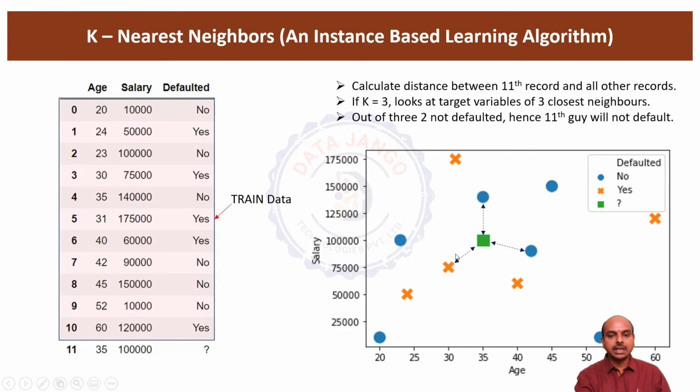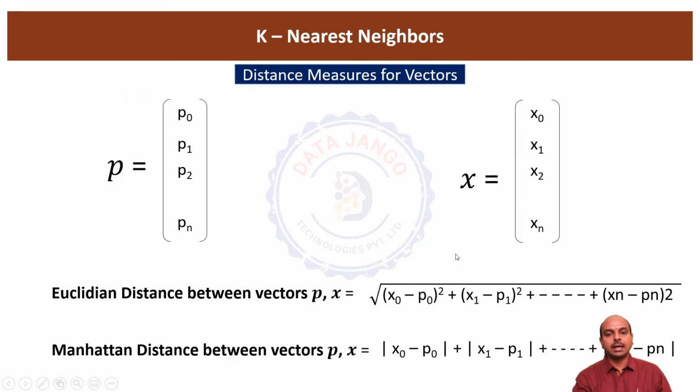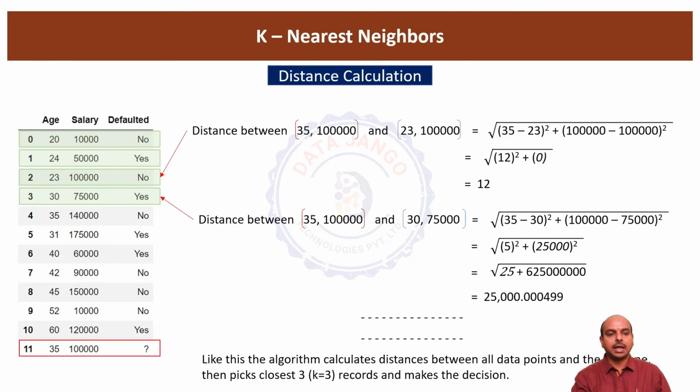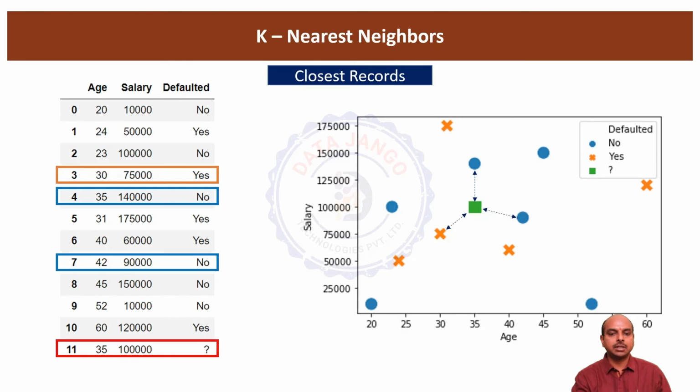Out of these 3 records, 2 are not defaulted and 1 is defaulted. So this record is defaulted, and these 2 records which are close to the new record are not defaulted. So the new record is also most probably not going to default. It is safe to lend him or her the money. So that's it on how K nearest neighbors works.